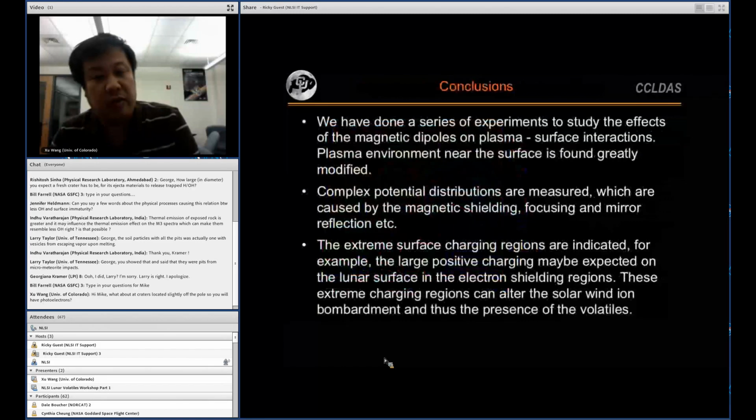We identified magnetic shielding, focusing, and mirror reflection, which create complex potential distributions. In some areas, extreme surface charging can form. For example, this large positive charging in the center of the parallel dipole can significantly alter the surface process. Thank you.